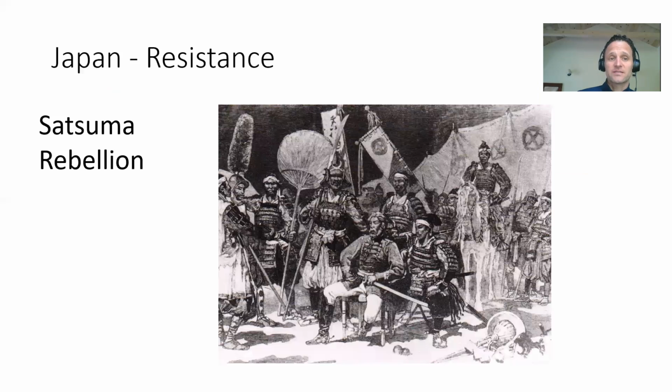But there was resistance. The great example of resistance in Japan is known as the Satsuma Rebellion. It's more of a resistance to the reformers in Japan than a fight against European or American imperialists, but it is an example of resistance to imperialism within Japan. The Satsuma Rebellion was led by the samurai class who did not want to give up their ways.